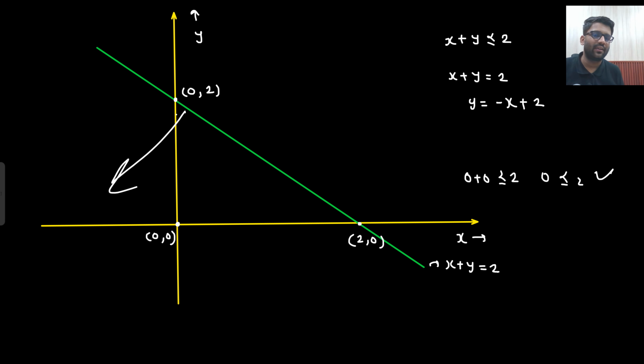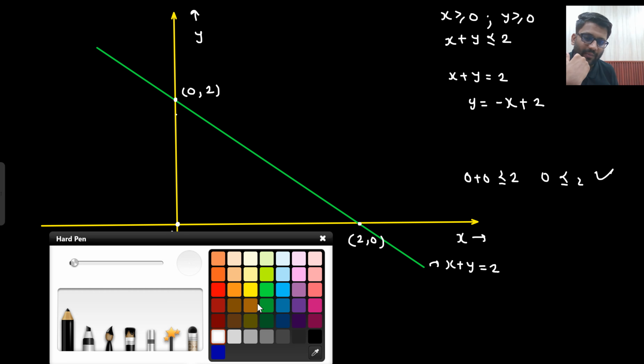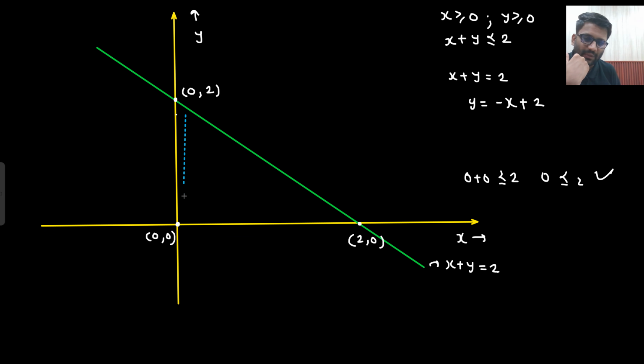So what did you understand? X greater than equals to 0, y greater than equals to 0, and x plus y less than equals to 2. So that means our region of operation, our matter of concern, is this particular region. Do you agree to this point? Our matter of concern is this particular region.